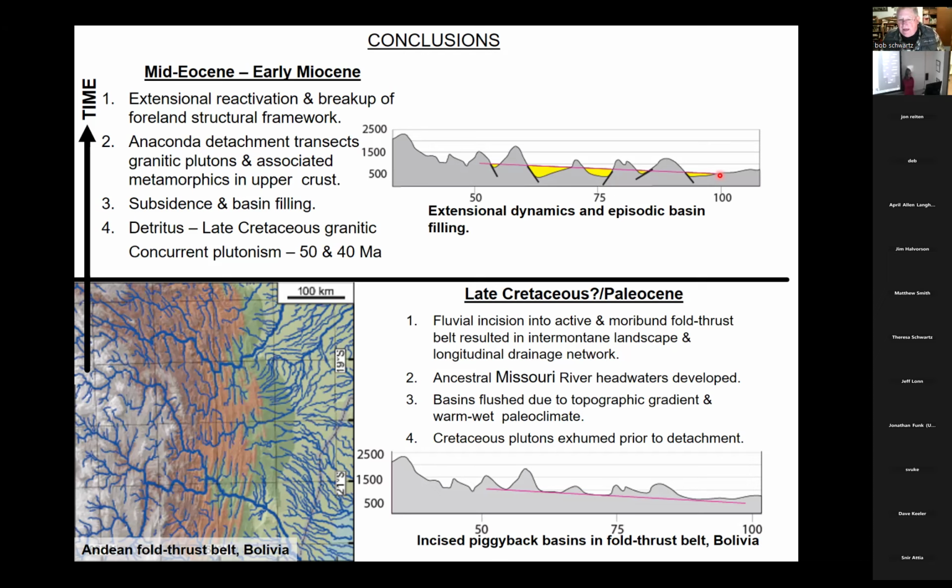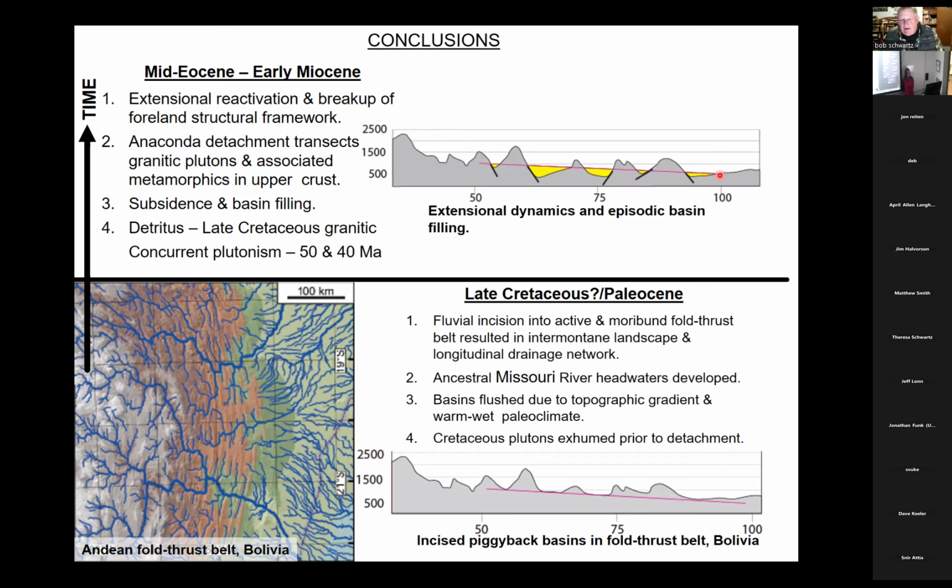Okay, and in southwestern Montana it sits upon contractionally deformed Mesoproterozoic through Mesozoic rocks. And we know that some of those rocks, the plutons in particular, were buried at, let's say, greater than 10 km.